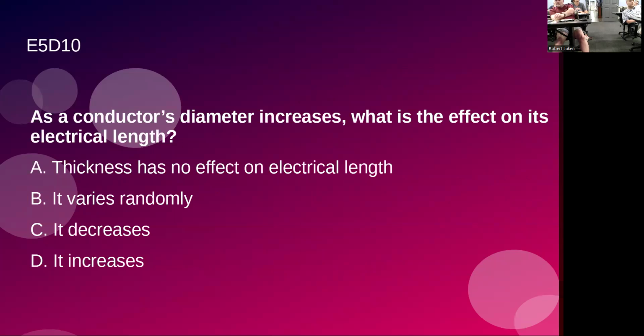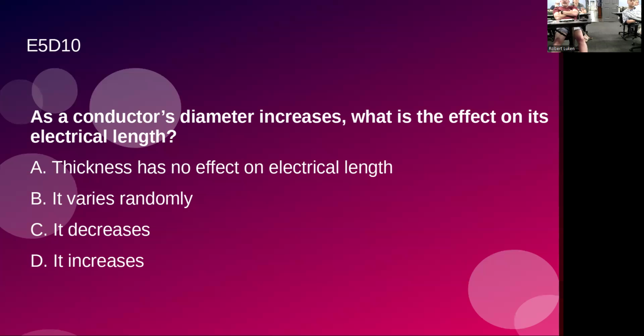I modeled a horizontal and vertical antenna in EasyNet and tried it and changed the diameter, and it lowered the frequency, which is consistent with the correct answer for this.